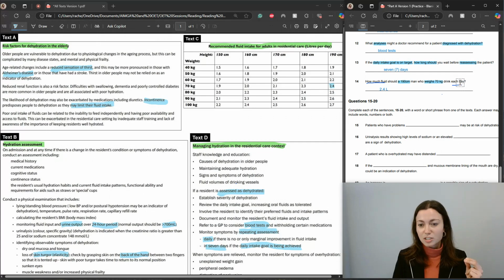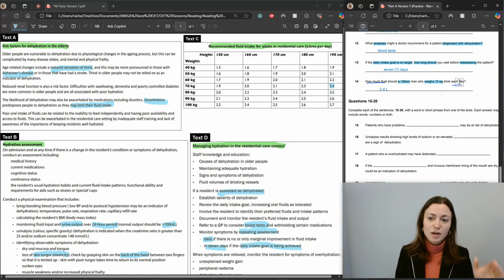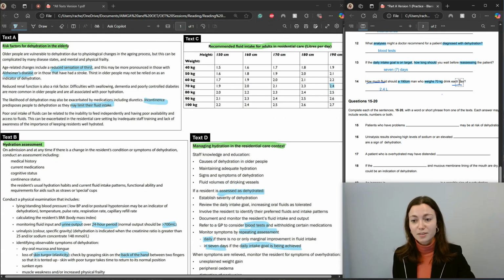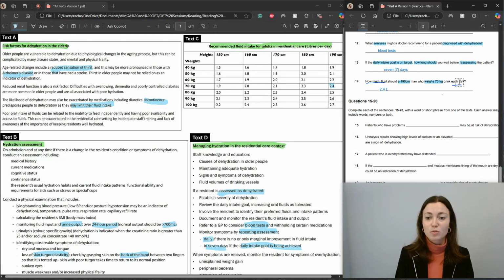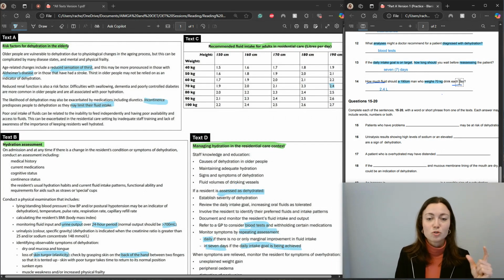Now, this is very challenging, so let me break this down a little bit more. If I said just how much fluid should he drink? Well, he should drink 2.4 liters per day. If I ask you how much fluid per day, correct answer, 2.4 liters. If I said how many liters per day, you should say 2.4, no units.